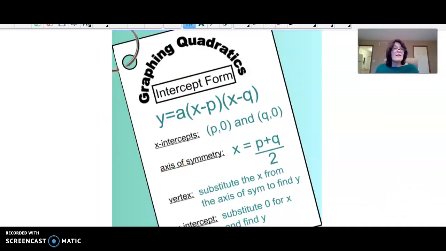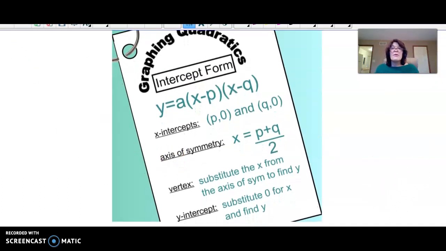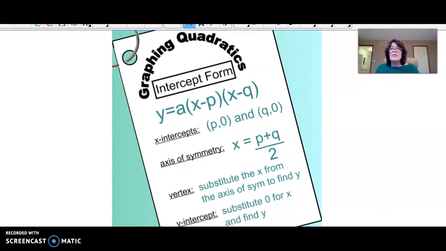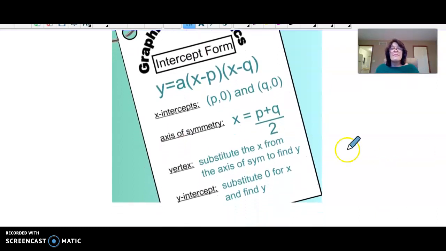All right, so here are the nuts and bolts of graphing quadratics in our new intercept form. The x-intercepts will be P, 0 and Q, 0, as long as these are minuses. If this was a plus, this would be -Q, 0. If this was a plus, this would be -P, 0.